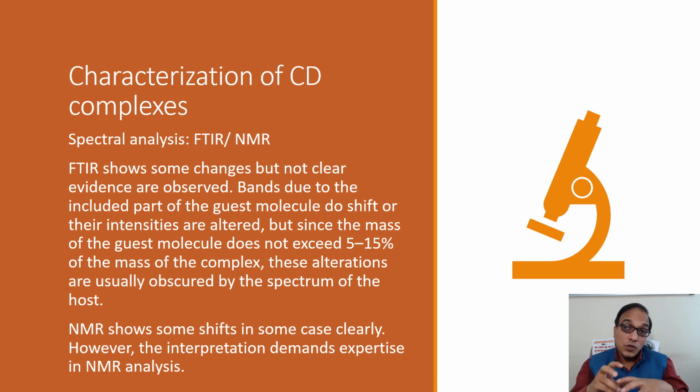But since the mass of the guest molecule does not exceed 5 to 15% of the mass of the complex, these alterations are usually obscured by the spectrum of the host. This is the most common thing. That's why with FTIR, drawing solid inferences is very difficult in the case of cyclodextrin complexes. NMR shows some shifts, in some cases clearly. However, the interpretation again demands expertise in NMR analysis and interpretation.